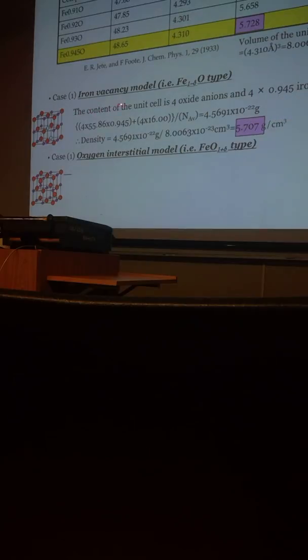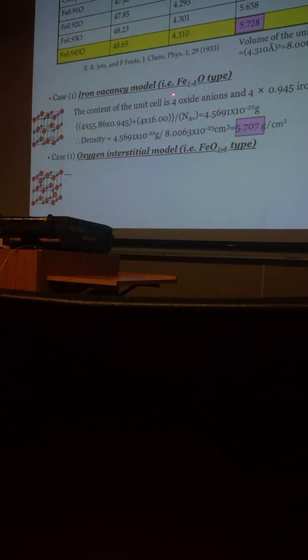The content of the unit cell is that we have 4 oxide anions, in other words, 4 oxygens. And if you assume this model is an iron vacancy, then iron is no longer 1, but 1 minus delta.